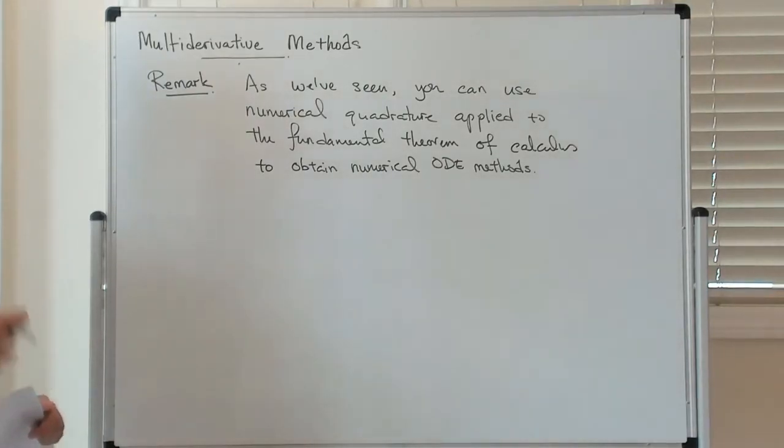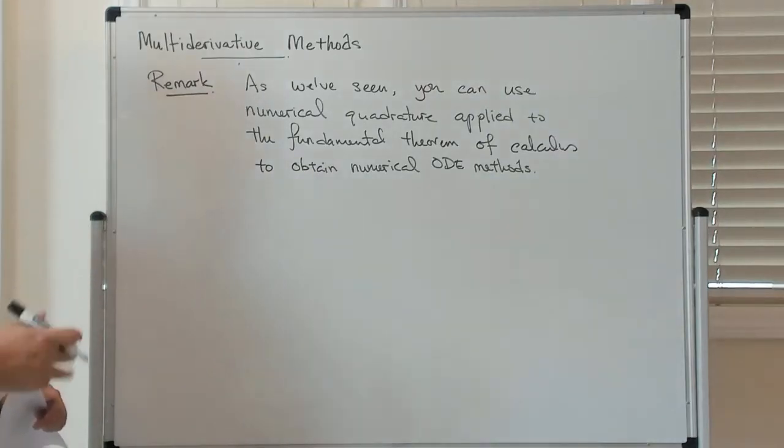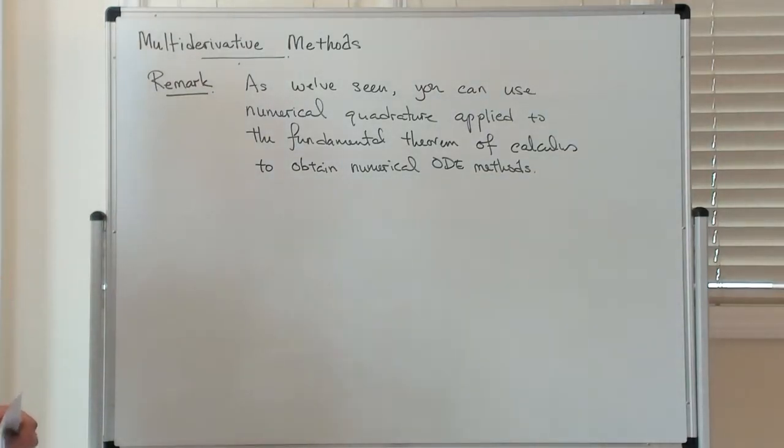As you might expect from Newton-Cotes, this relies on the idea of polynomial interpolation, where you don't just have access to the function, but derivatives of the function as well when you're constructing the approximation. And of course, the simplest example of a multiderivative approximation of a function is the Taylor expansion.